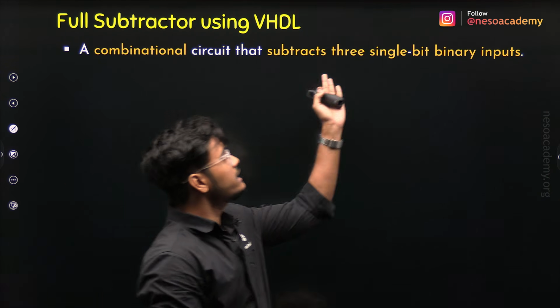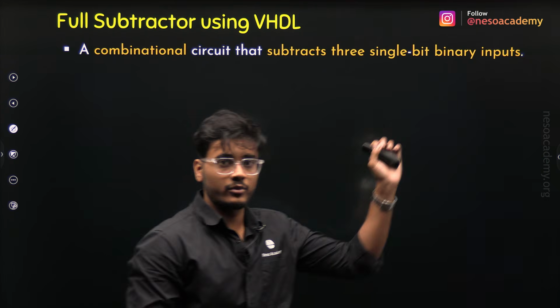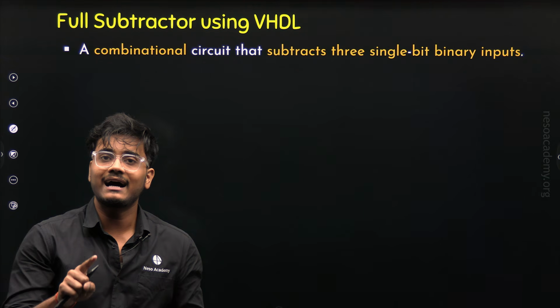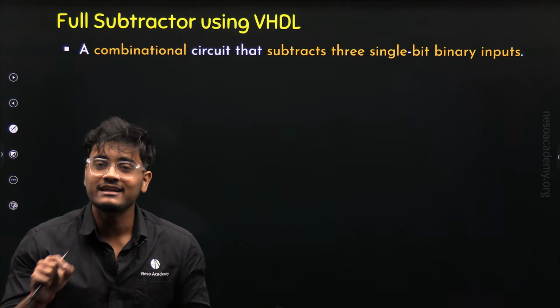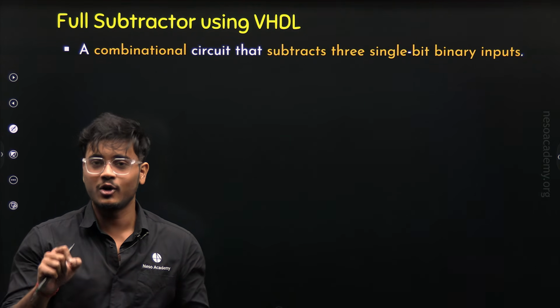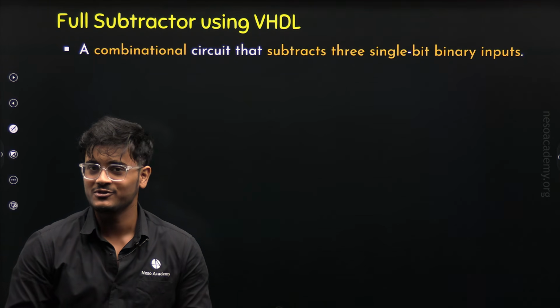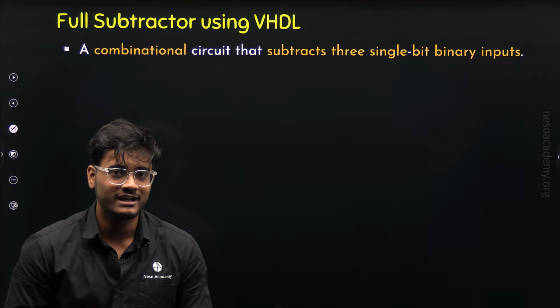And out of these three single-bit binary inputs, the two inputs are the numbers that we are subtracting, and the third input is the input borrow or the incoming borrow from the previous stage.